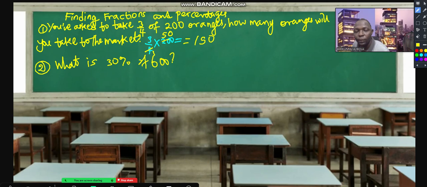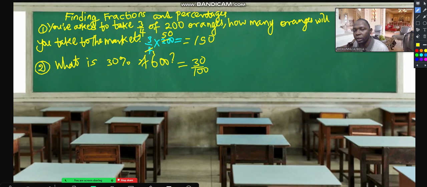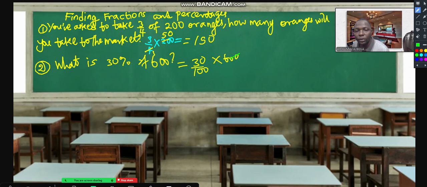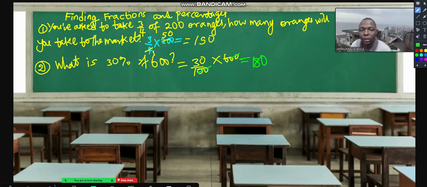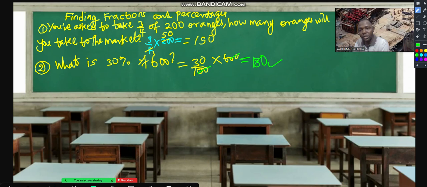So all you need to do is to say 30%. 30% means 30 over 100, then times 600. So doing this, 2 zeros cancel 2 zeros, and 3 times 6 is 18. Then you put the 0, that'll be 180. That is, 180 is 30% of 600.